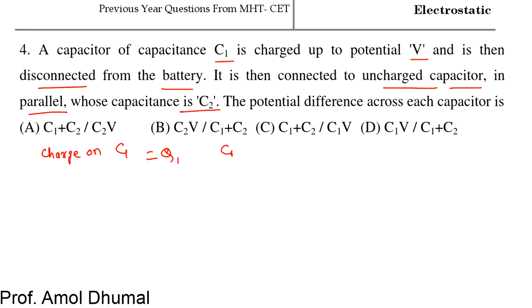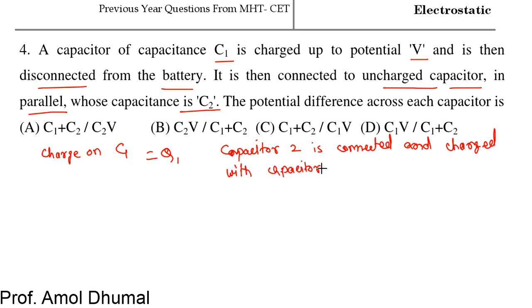Capacitor 2 is connected and charged with capacitor 1. Therefore, the charge on capacitor 2 is say Q2.